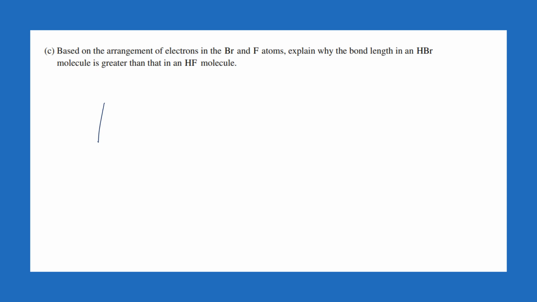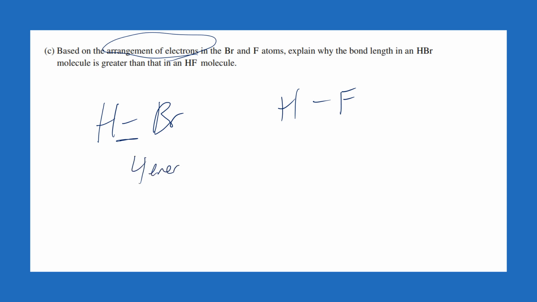Okay, so we want to look at the difference between the HBr bond length and the HF bond length. And we want to look at the arrangement of electrons. Bromine has 4 energy levels for its electrons. Fluorine only has 2 energy levels.